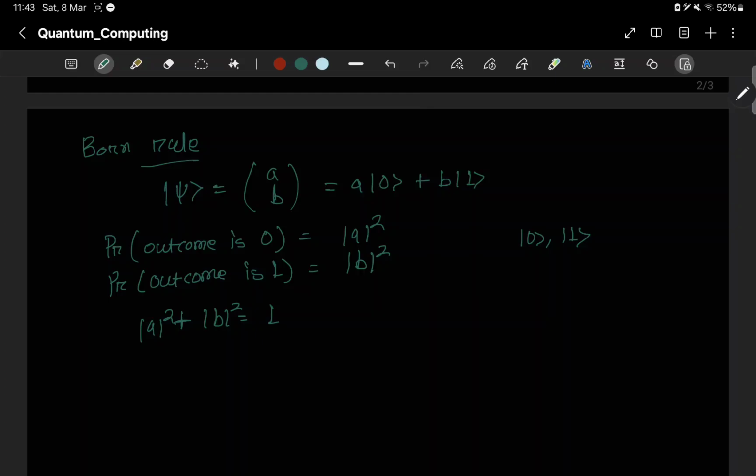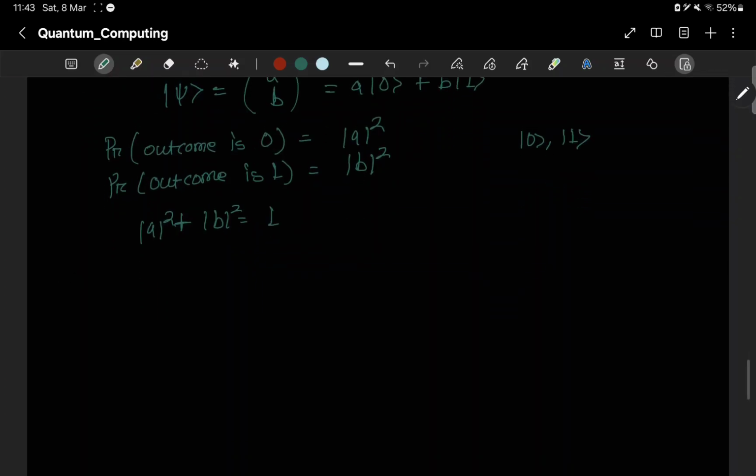Okay, so based on this, we'll see that the plus and minus states that we discussed earlier, which were 1 by root 2 |0> plus 1 by root 2 |1>, and 1 by root 2 |0> minus 1 by root 2 |1>. If you see, the probability of occurrence of 0 is half, and the probability of occurrence of 1 is also half.